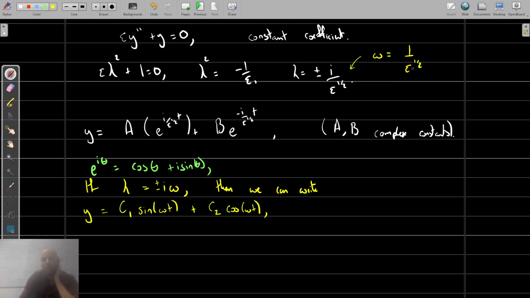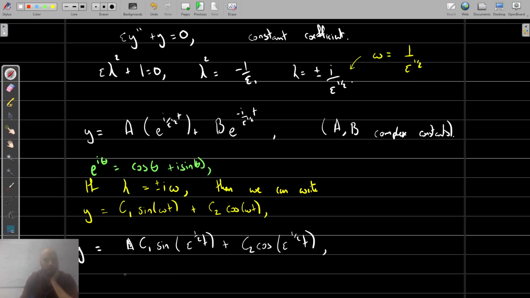So our omega is going to be epsilon to the minus half, and that means our y, going back to our original question, is going to be c1 sine of epsilon to the minus half t plus c2 cos of epsilon to the minus half t. Okay, so this is what we've got for the exact answer.